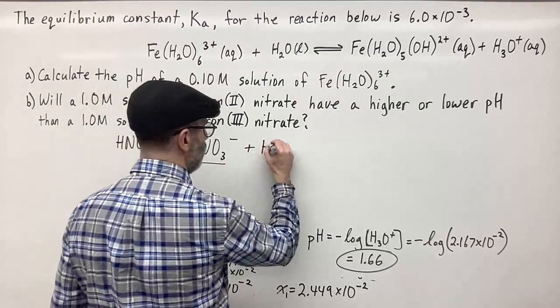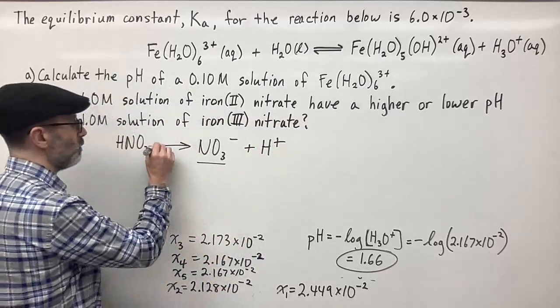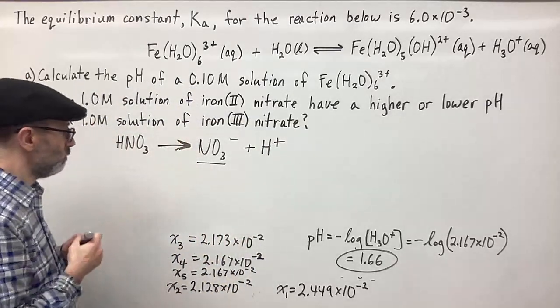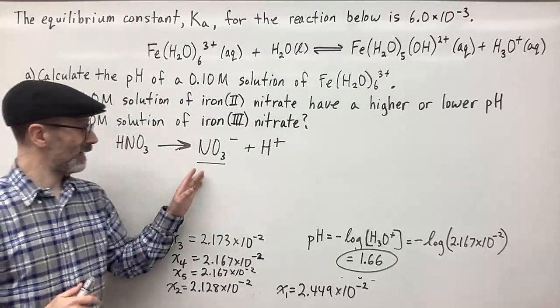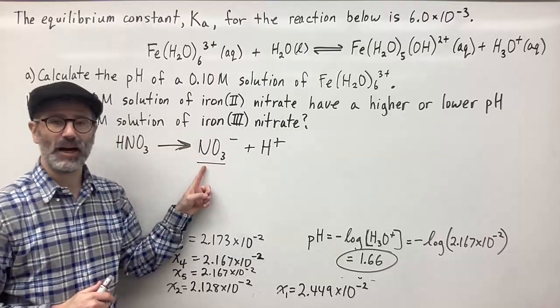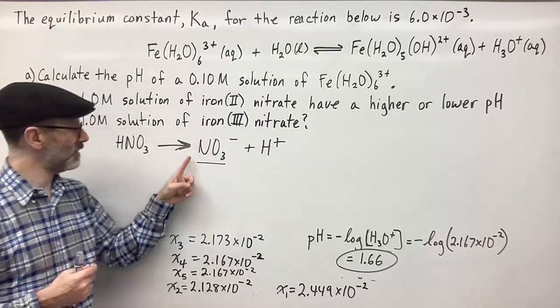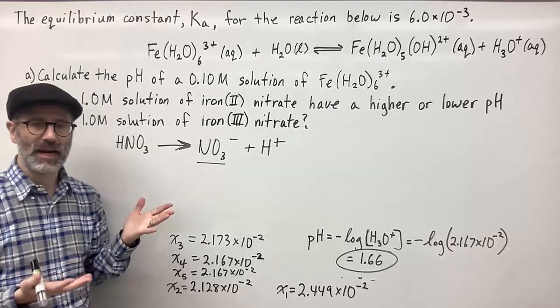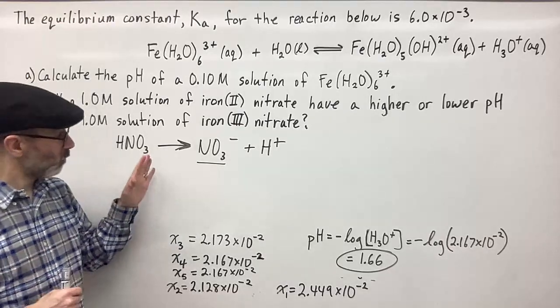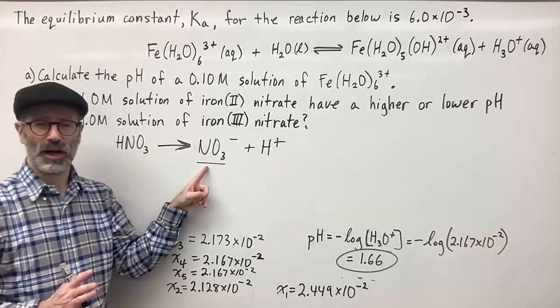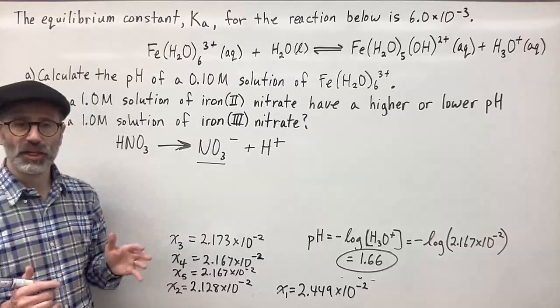So it'd be very much heavily that way, right? So that indicates that this is not going to reform HNO3 by reacting with water. So we can ignore this as a neutral ion as far as pH goes.